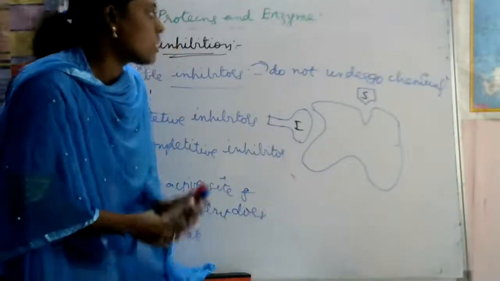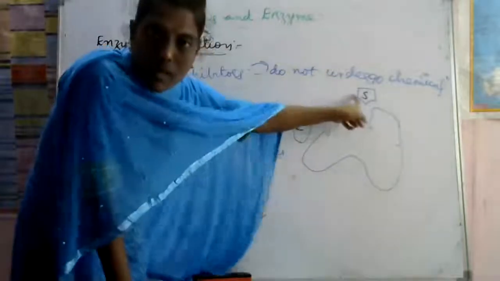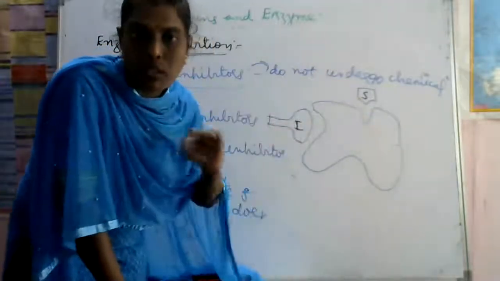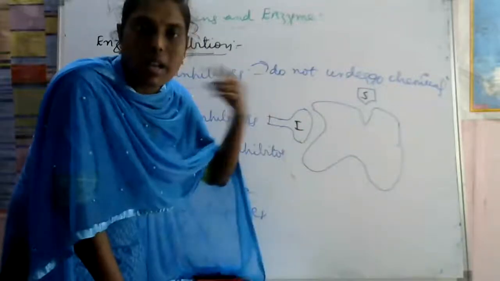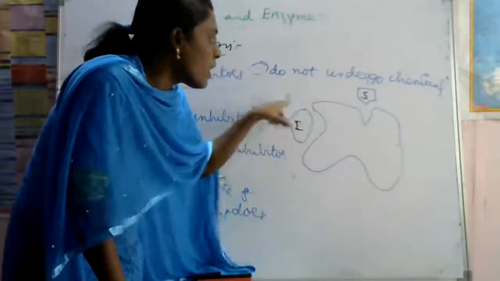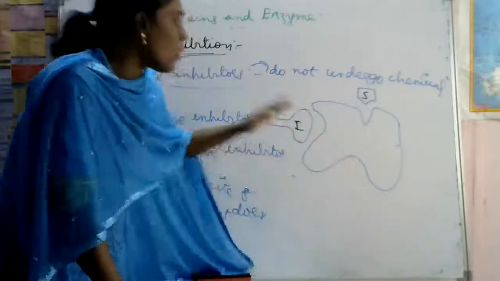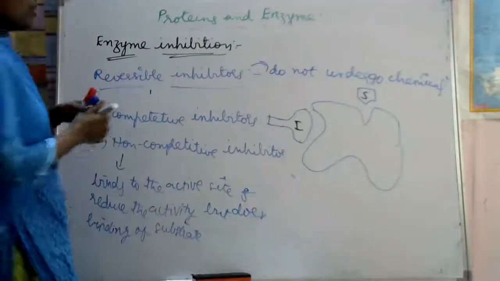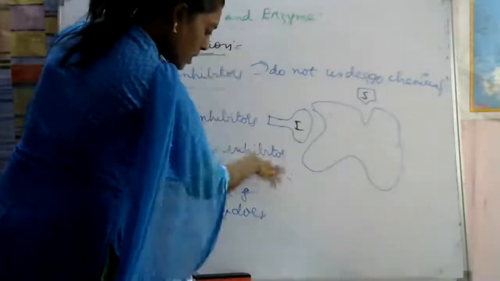But in this case, both inhibitor and substrate will be there, so there is no competition between substrate and inhibitor. When the inhibitor fits into this, it immediately blocks the enzyme. There is no competition in this one.